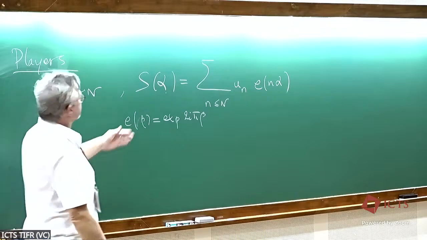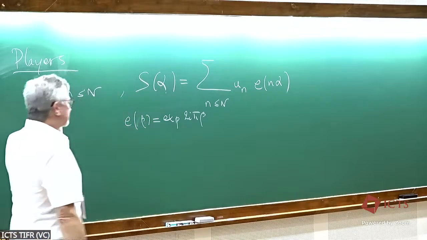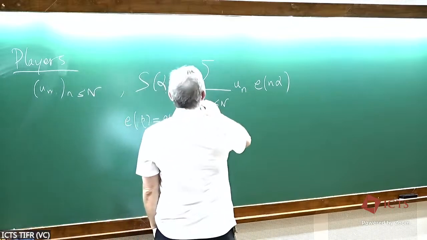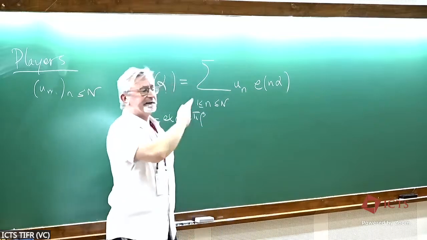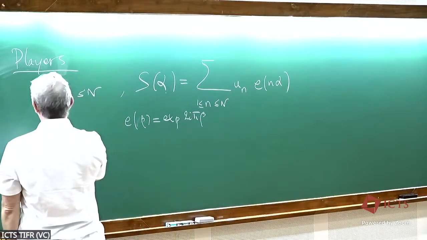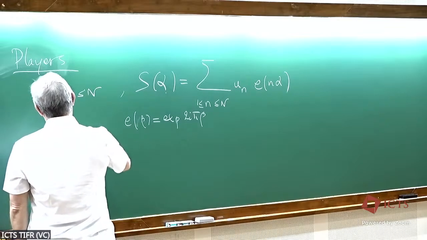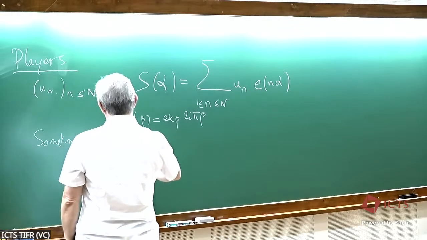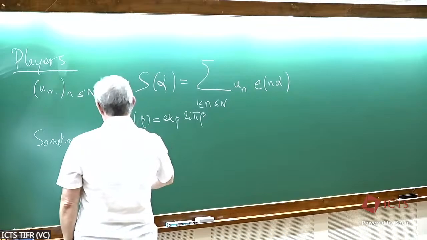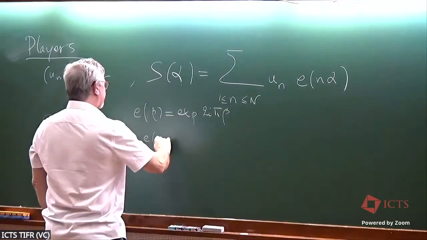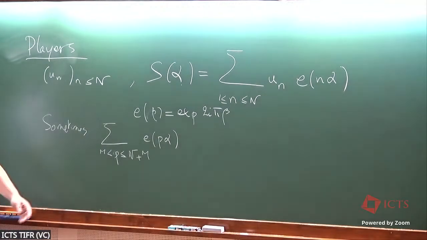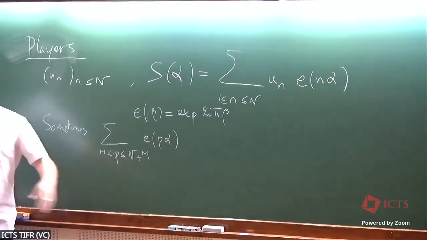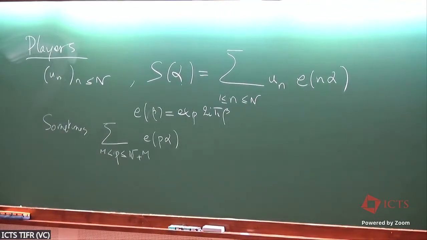What is of main importance is the length, N. Sometimes I will have the sum for primes p between M and M plus N of e(pα), which means I look at the primes between M and M plus N. I'll use the same notation because it's just a shift and it's not going to change anything.